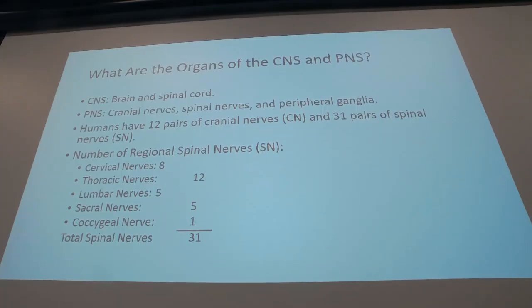So what it means is that C1, or the first cervical nerve, exits above the upper edge of the atlas. And then C2 above the upper edge of the axis, or below the atlas, and like that. So then the 8th cervical nerve is located between the first thoracic and the last cervical vertebra. And then the rest will be T1 through T12, and so on.